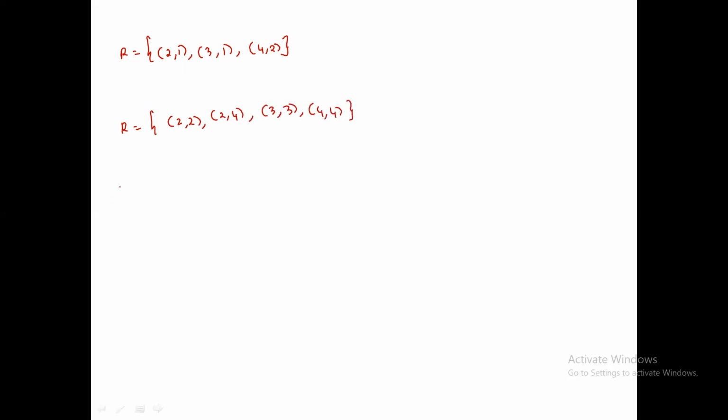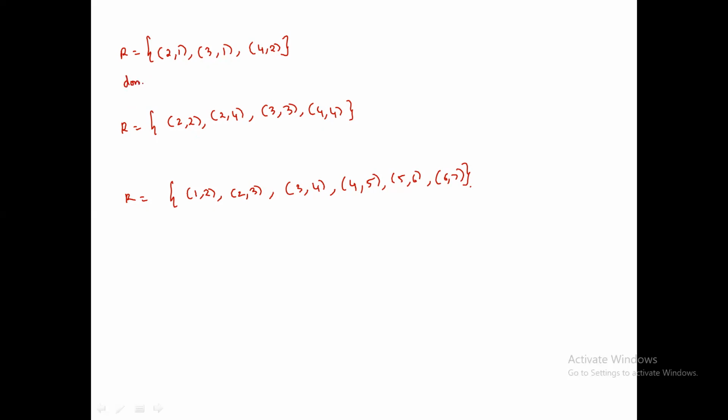Suppose I'll give you the relation 1, 2, 2, 3, 3, 4, 4, 5, 5, 6, 6, 7. I'm giving you three sort of relations. You have to say whether these relations are functions or not.